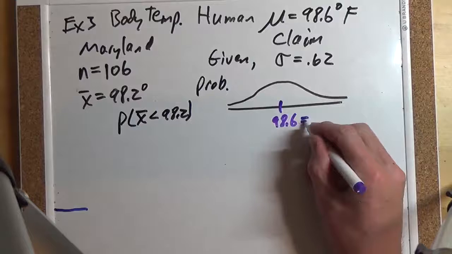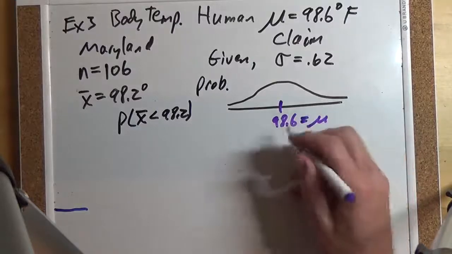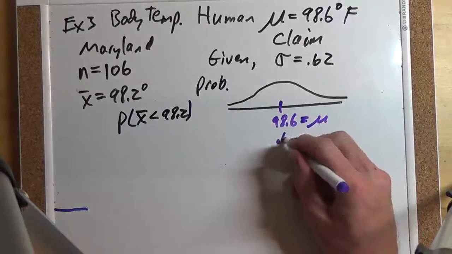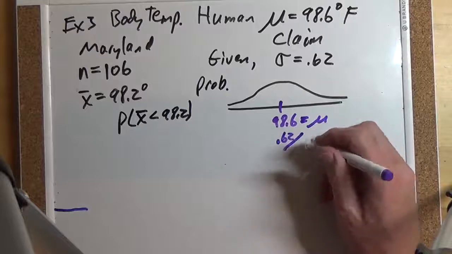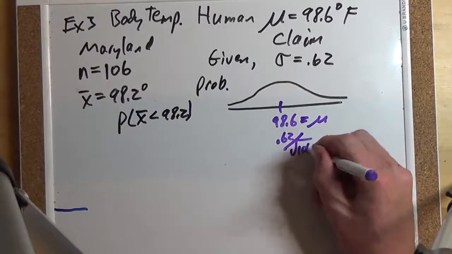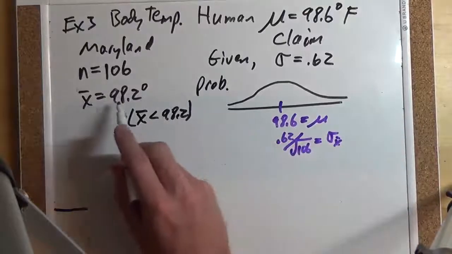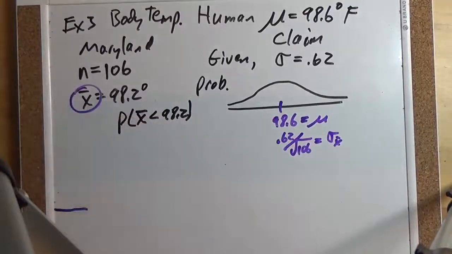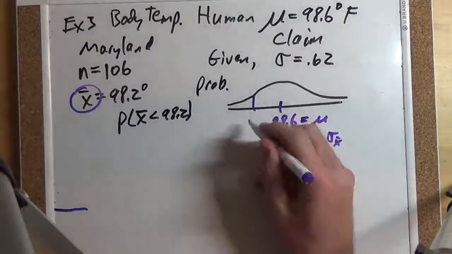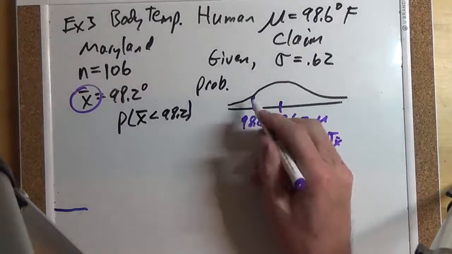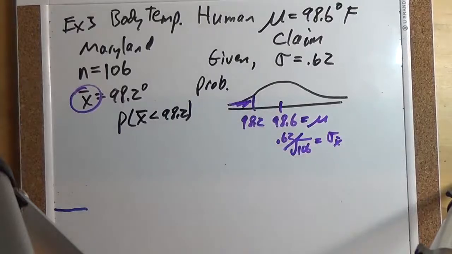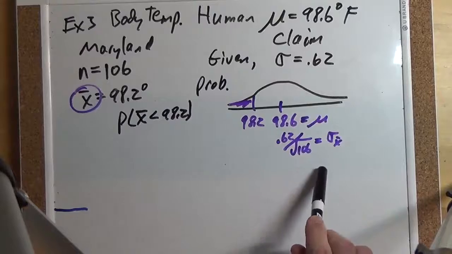Okay. Sigma now is 0.62 divided by square root of 106. Because central limit theorem, and we're working with a sample. 98.2 is right here. I want the area to the left. I've done my analysis.